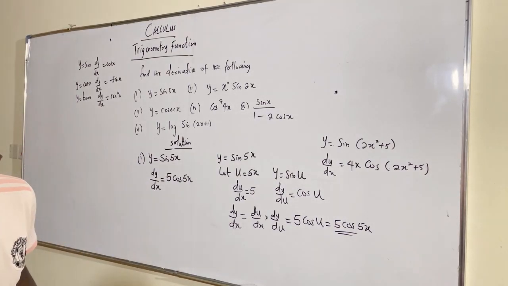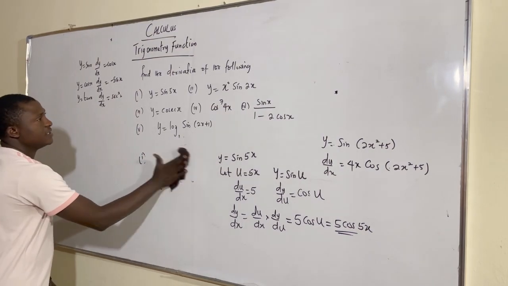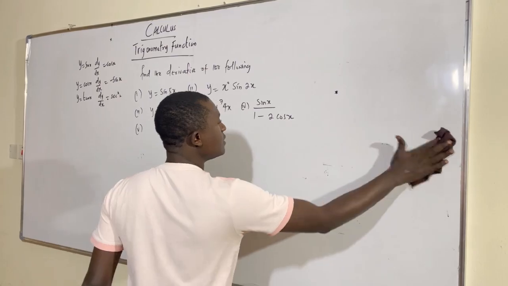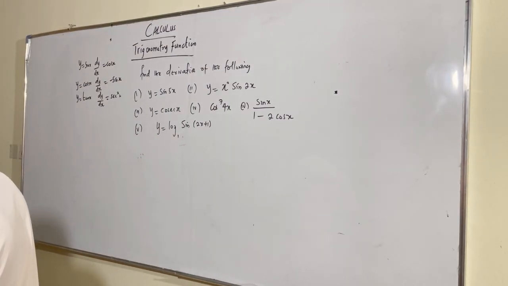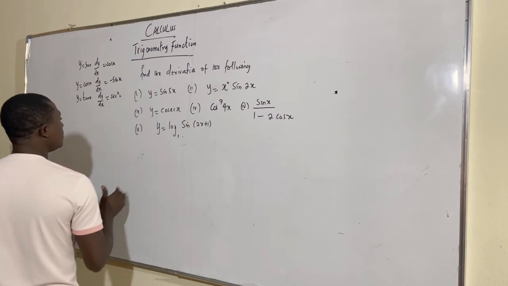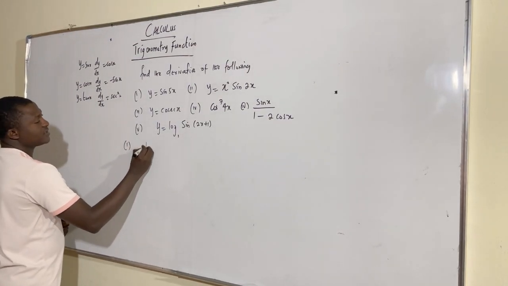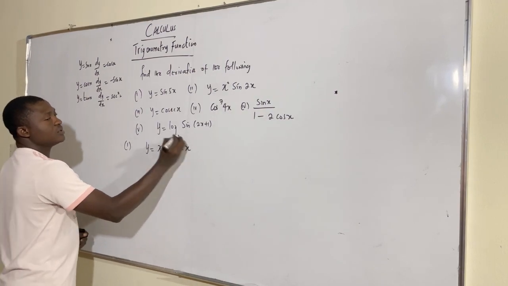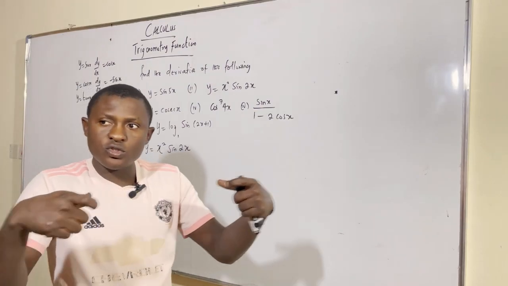So let's see the second question. In the second one, we have y is equal to x squared sine 2x. You can see here we have two functions.